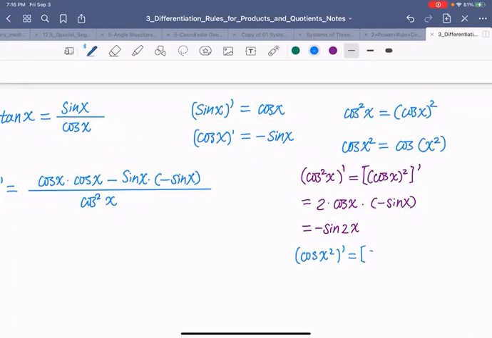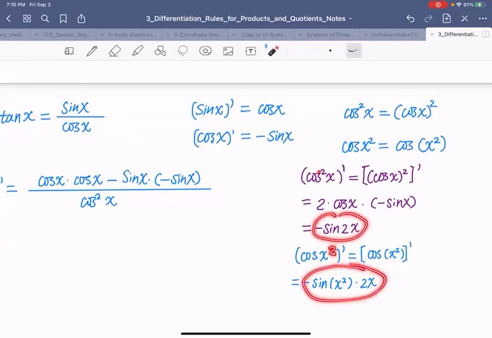The cosine is the outer? Yes. So it would be negative sine x squared, and then times 2x. There you go. Perfect answer. I like it. See the difference of these two. Your position different, your answer totally different. Okay, we can't mess up here.